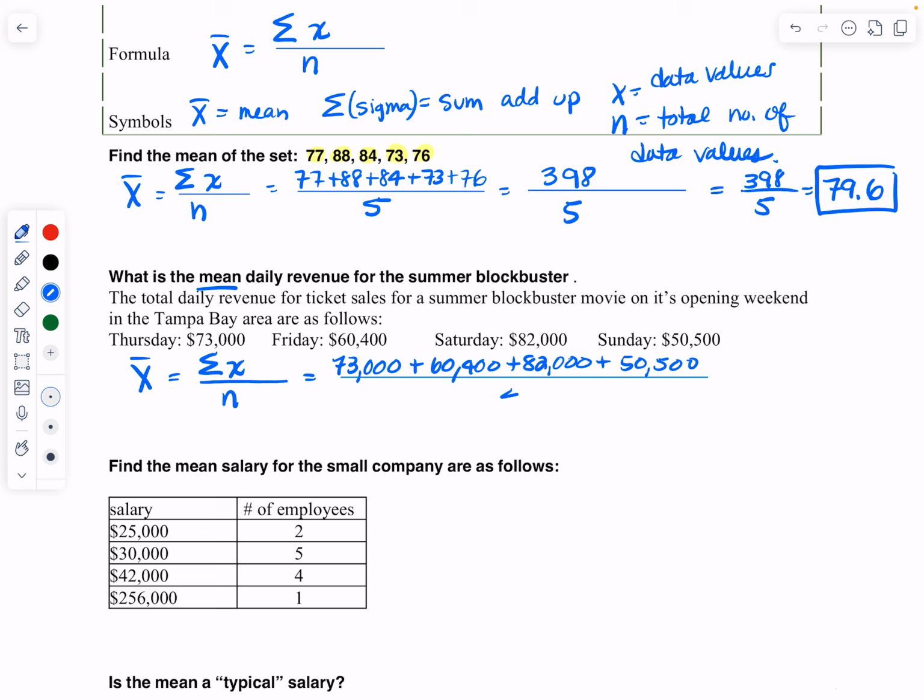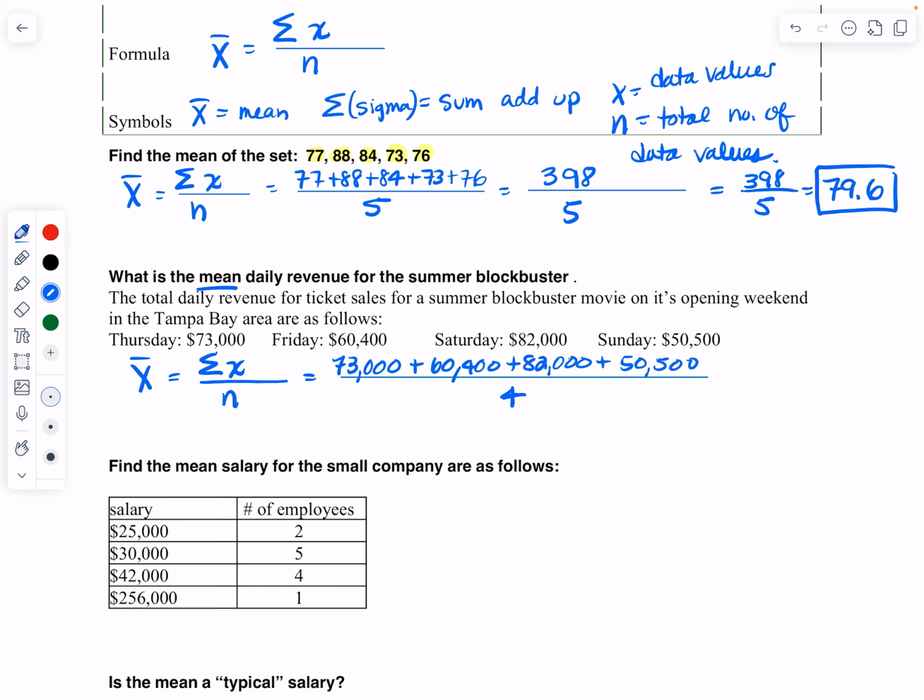I have 4, so n equals 4. Okay, so now I'm going to add that all up. So 73,000 plus 60,400 plus 82,000 plus 50,500.